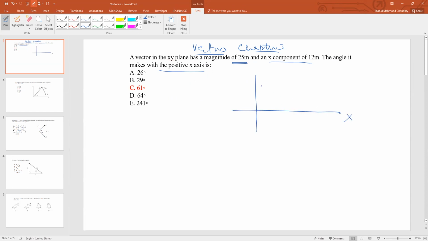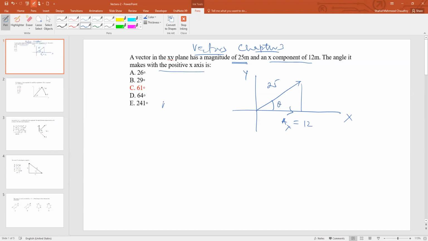This is xy plane. So in this xy plane, there is a vector and its magnitude is 25. And an x component of 12 meters. So it means this is x component and this is equal to 12 meter. So he is asking about this angle theta.